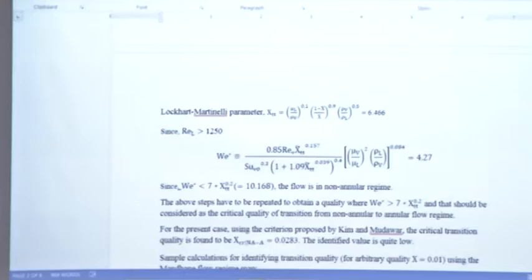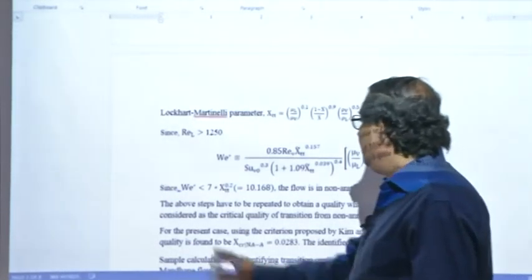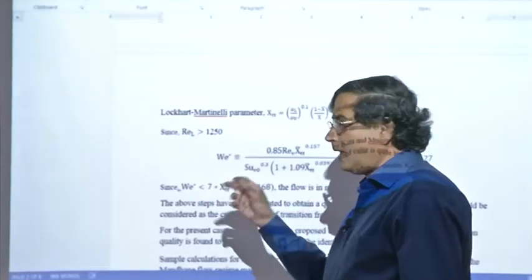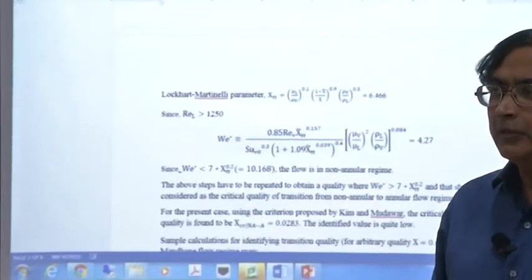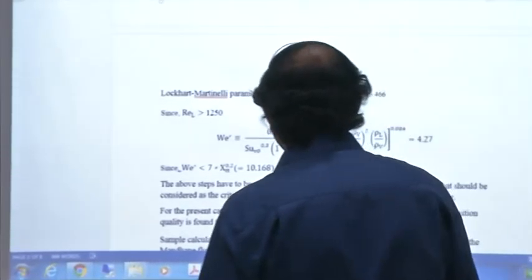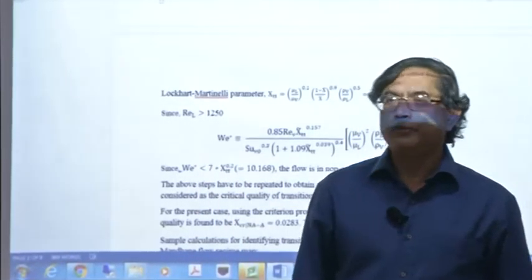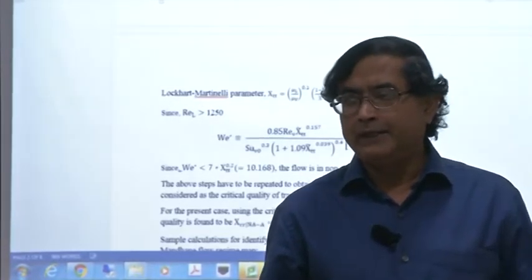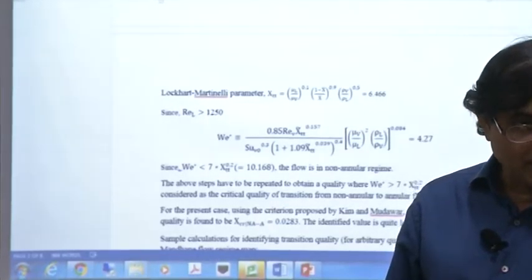We assumed an inlet quality of 0.01, just any quality of 0.01, and found out that that's not going to do because it's not satisfying the condition that Weber star is greater than 7x. So we started iterating, increasing the inlet quality from 0.01 in steps until we reached 0.0283, when Weber star became equal to 7x. So that was my result according to Kim and Mudawar micrometer scale correlations.